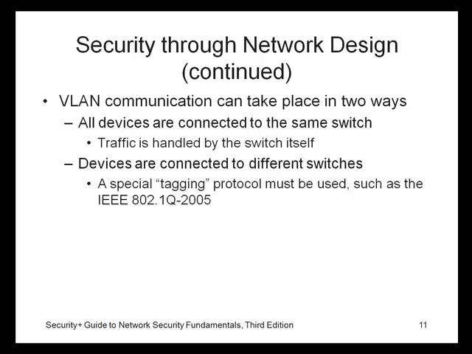Otherwise, it's not going to understand the packet. So you have to do other configurations other than just setting routing up on the device itself, so that it recognizes the tag and is able to communicate and use the traffic.